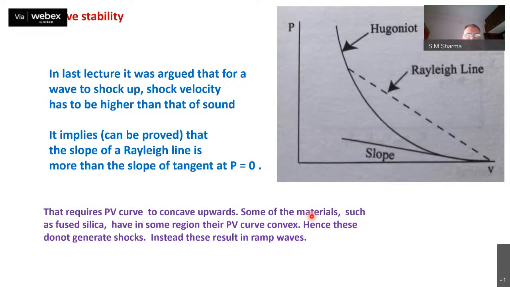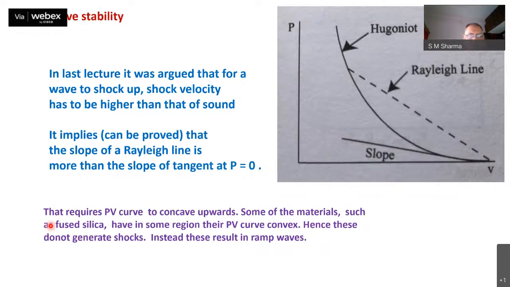We discussed wave stability earlier too, but in terms of the Hugoniot curve, it can be cast in a very simple manner: the slope of this at 0 compared to the Rayleigh line actually decides whether the material can be shocked or not. The Rayleigh line slope has to be higher than this particular tangent slope.